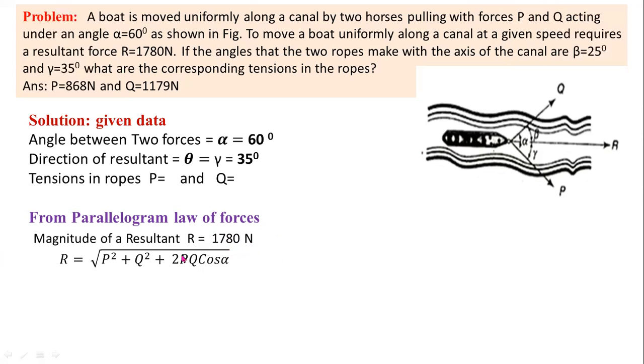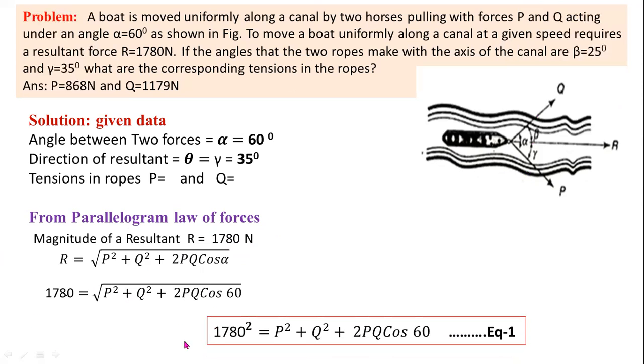So substitute the value of R in this equation and substitute the value of alpha, the angle between the two forces. Now finally you get equation 1. For determining the two unknowns, we need two equations. So this is equation 1.